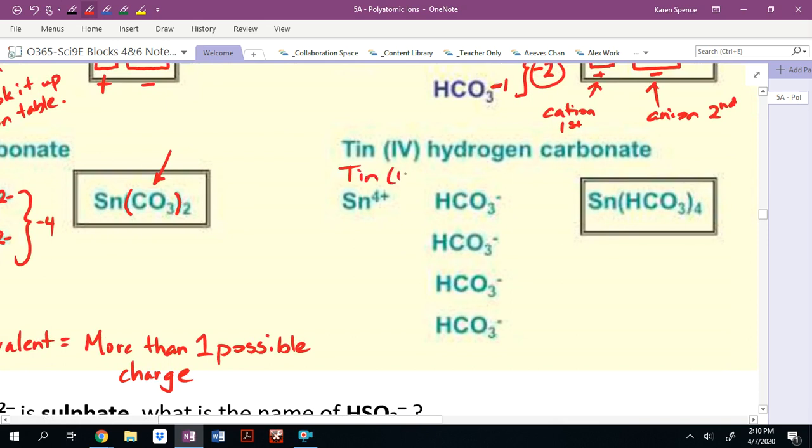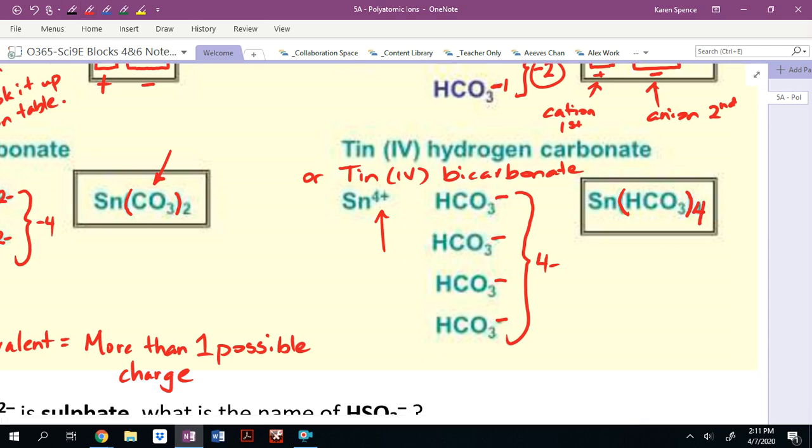It would be tin(IV) bicarbonate. Okay, so we've got our 4 plus. Oh my goodness, we're going to have 1, 2, 3, 4 bicarbonates to give us a 4 minus charge to balance out that positive 4. And so because we've got more than one polyatomic ion, it goes in the brackets. And then we have a 4 on the outside to say we have 4 of that entire group.